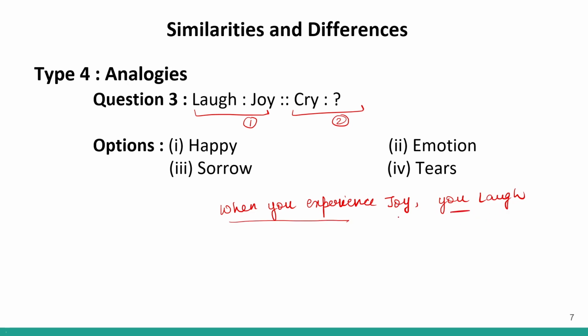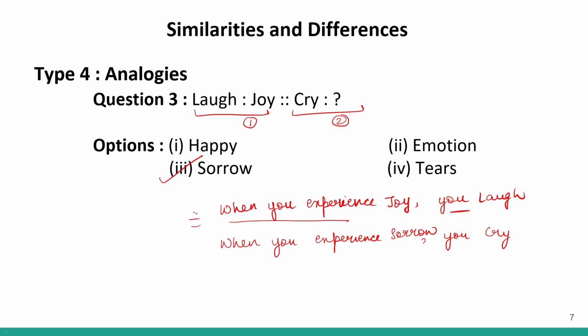Laugh is an activity that you do when you experience joy. Similarly, we have to find an experience during which you cry. So, when you experience sorrow, you cry. Whenever you experience joy, you laugh. So the answer will be option number 3, sorrow.